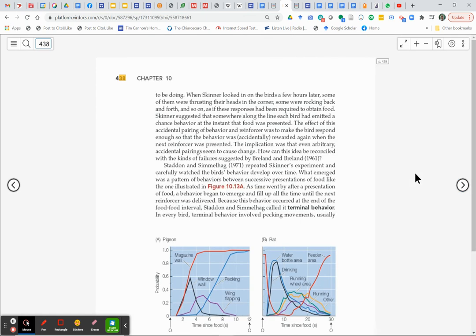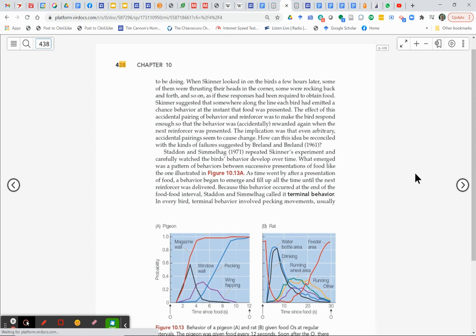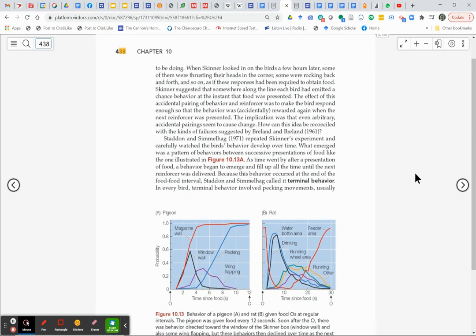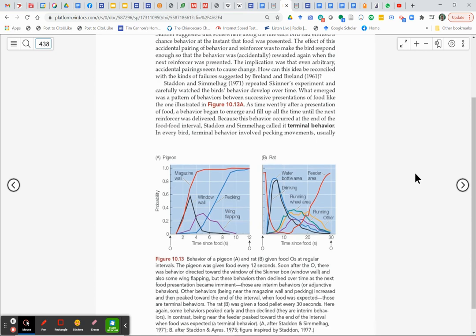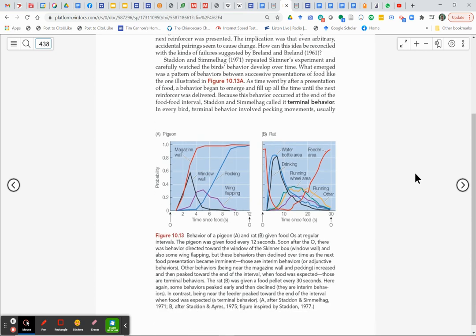And here we have what pigeons do and what rats do as time passes after food has been delivered. And they do different things. And some of what we considered to be random superstitious behavior really was not.